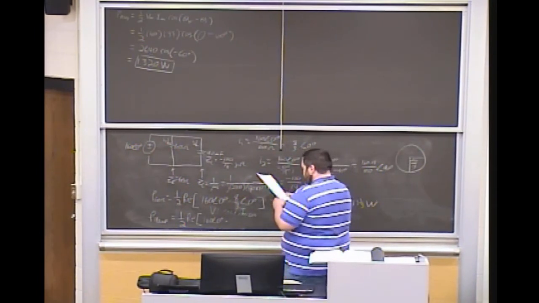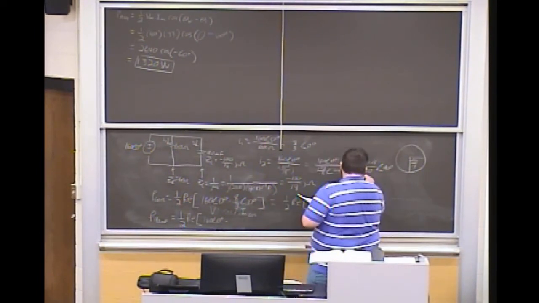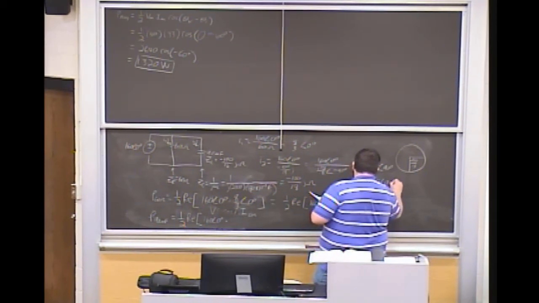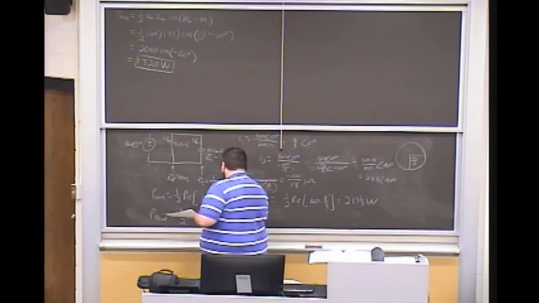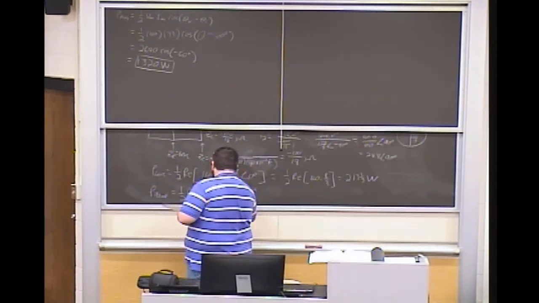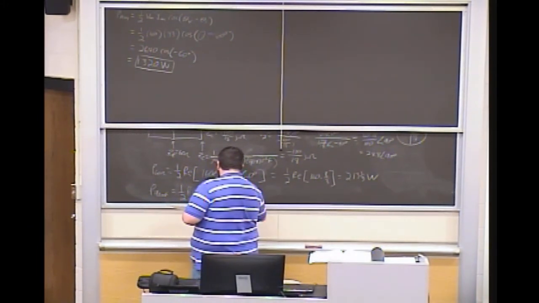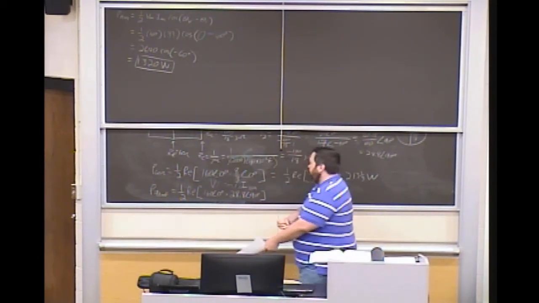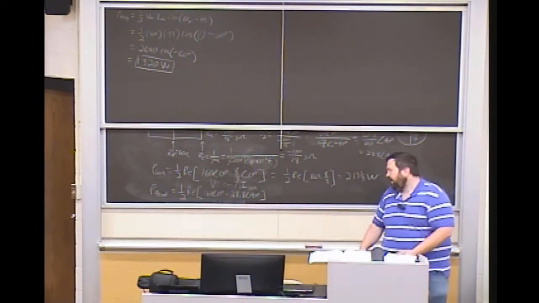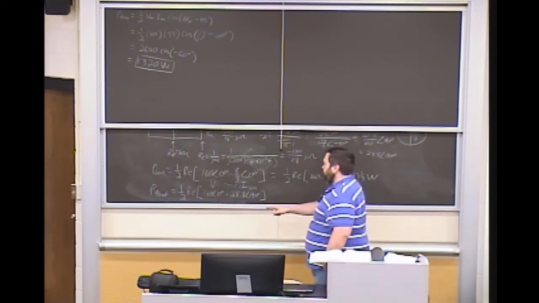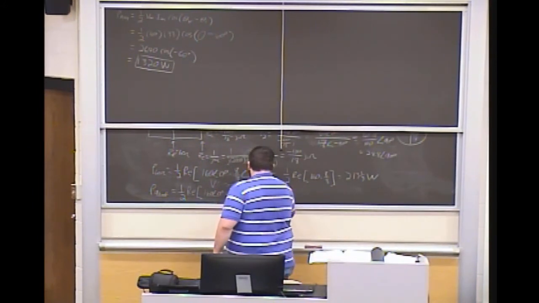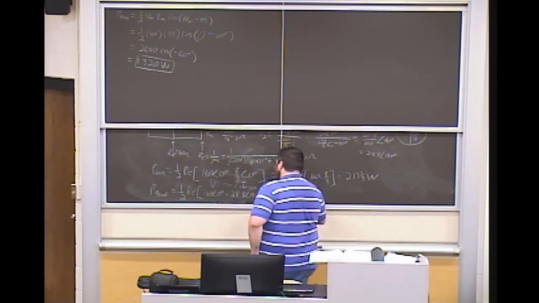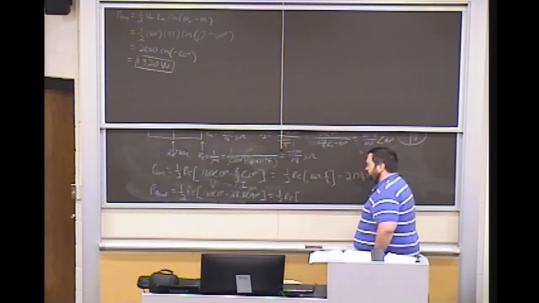This works out to be, this by the way is 28.8, 90 degrees. 28.8 times 90 degrees. All right, so we can go ahead and multiply those two phasors together. So this is going to be 1/2 the real part of, what's 160 times 28.8?